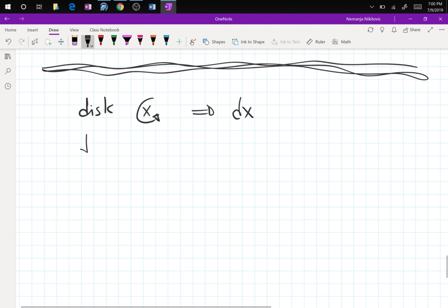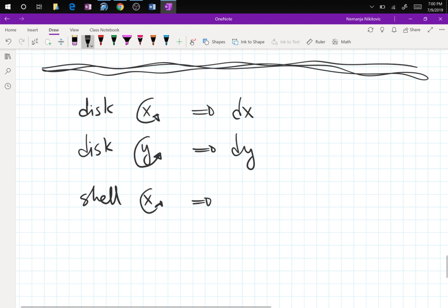If you have disk and y rotation, you will be using dy. If you have shell and x rotation, you will be using dy. If you have shell and the y rotation, you will be using dx.